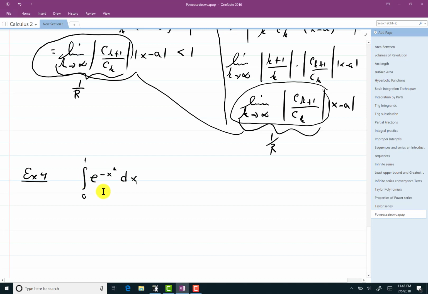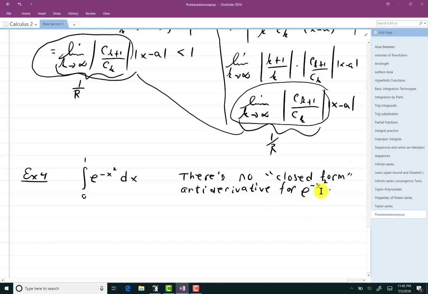It is known that there's no closed form antiderivative for e to the -x squared. This has actually been proven. Try as you might, it's proven that there's no closed form for this solution. That means whatever you do is going to have to involve a series for it.